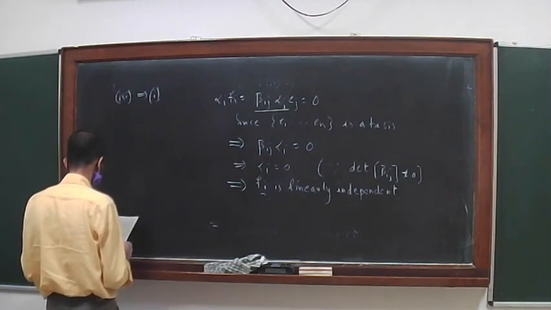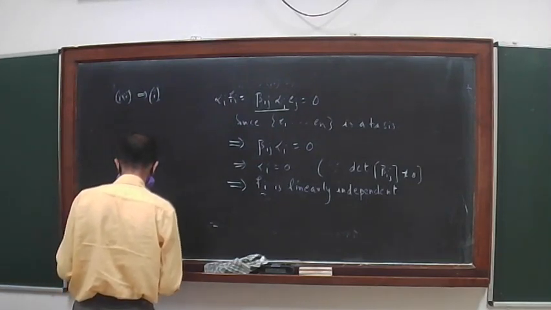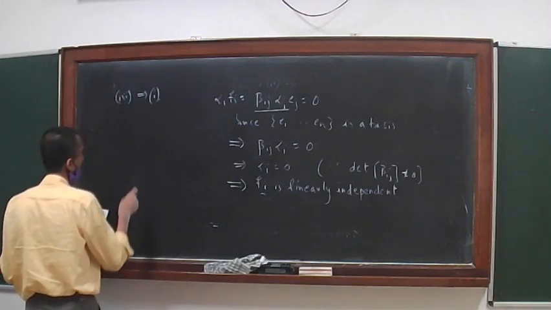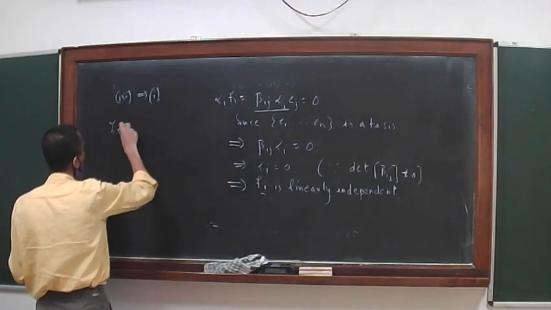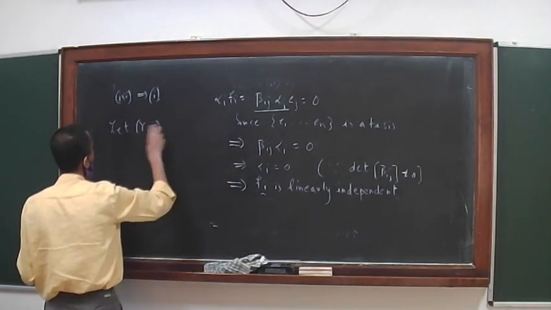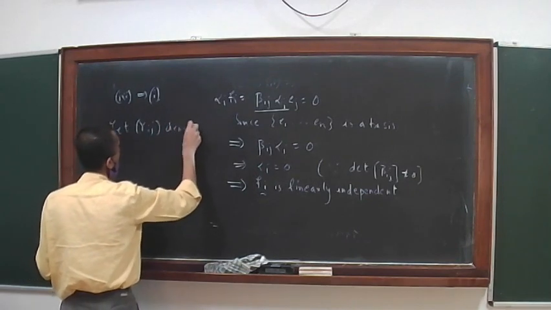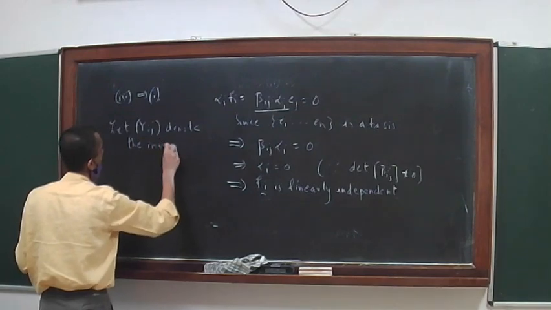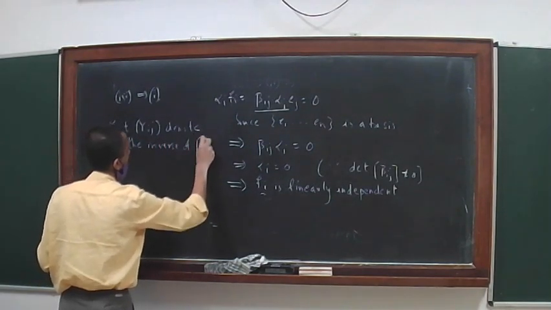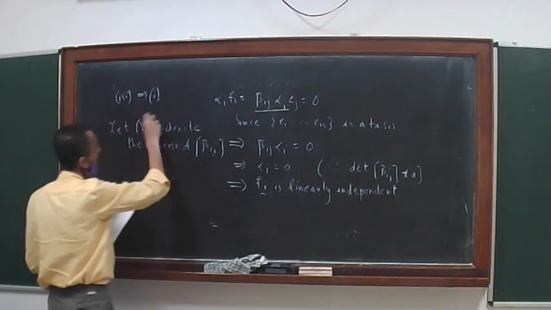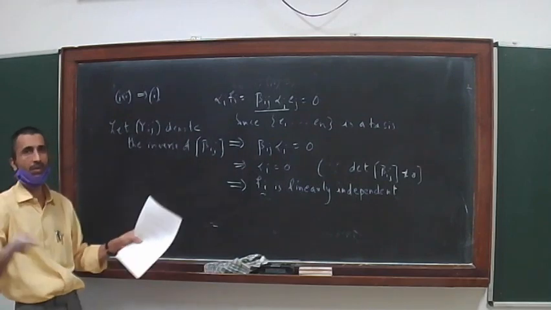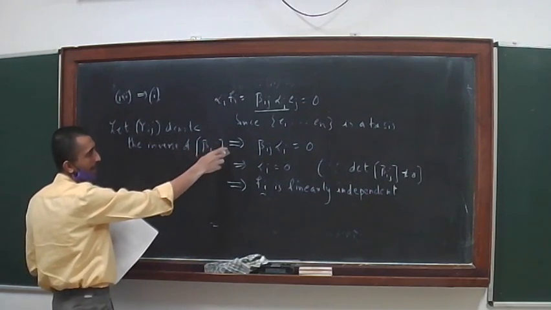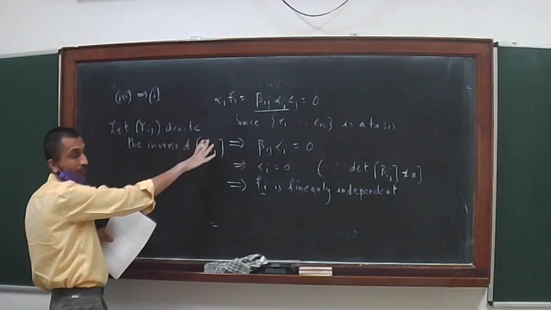Okay, so now let gamma_ij denote the inverse of beta_ij. This square bracket is just indicating the matrix. So this is like beta_11, beta_12. This is the matrix that is formed from the betas.